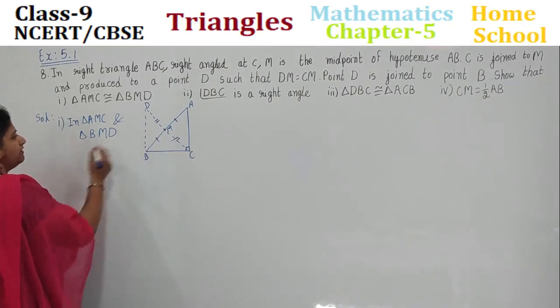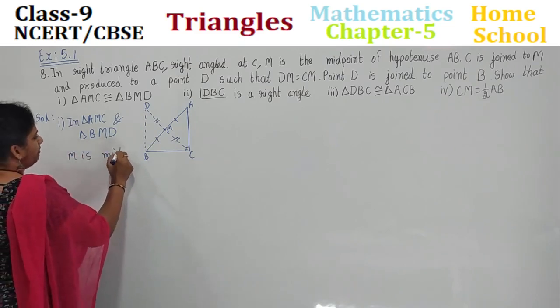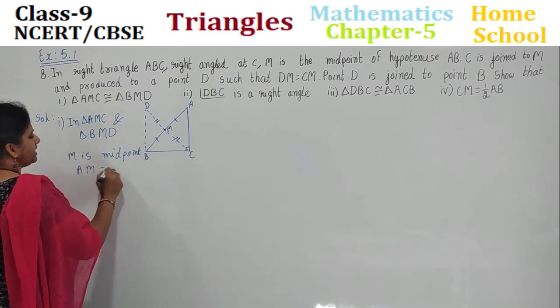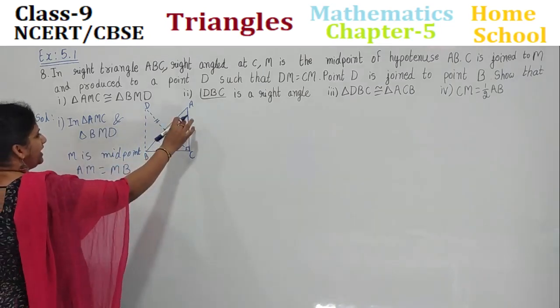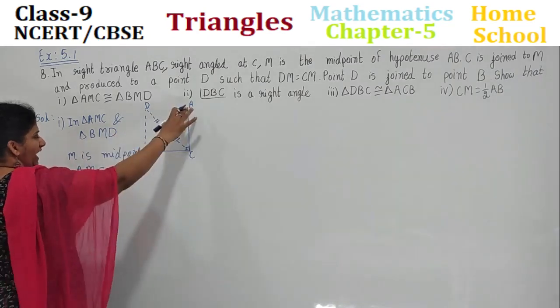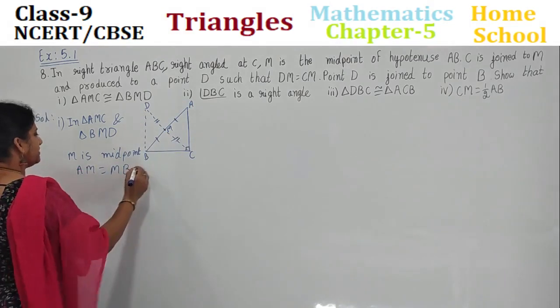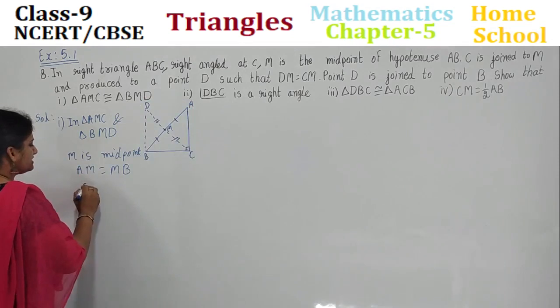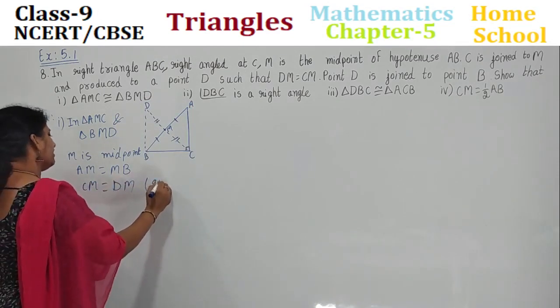Let us write here. First point, given M is the midpoint, means AM is equal to MB. I have taken which triangle first? AMC. So, I should write the left side AM. AM is equal to MB, or BM you write. Next step, we have done the construction, right? CM is equal to DM. This is also given.